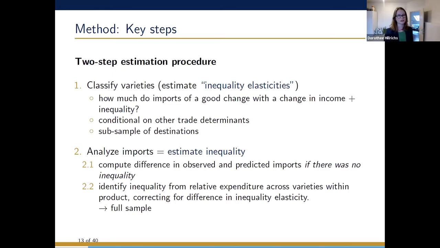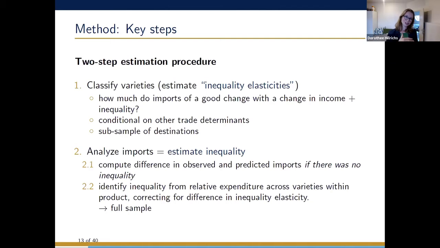So in our first step, we will classify all the different varieties, all the different wine varieties, all the different car varieties, and any consumption good that is traded, always by this product-country pair. We will classify all these varieties by exactly how much the expenditure changes as income and inequality increase.